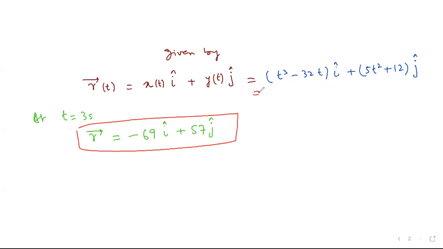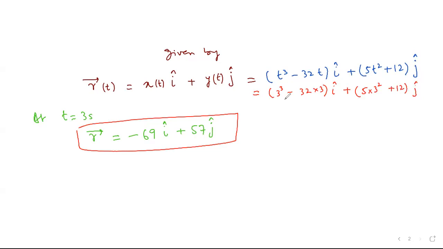So it will become 3 cube minus 32 times 3, then i cap plus 5 times 3 square plus 12.